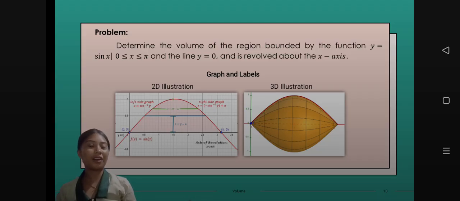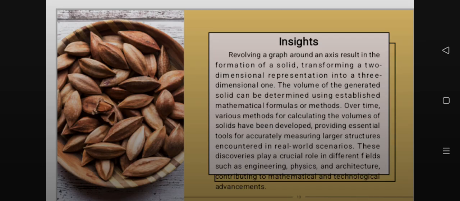Revolving a graph around an axis results in the formation of a solid, transforming a two-dimensional representation into a three-dimensional one. By analyzing the measurements of the graph, the volume of the generated solid can be determined using established mathematical formulas or methods.